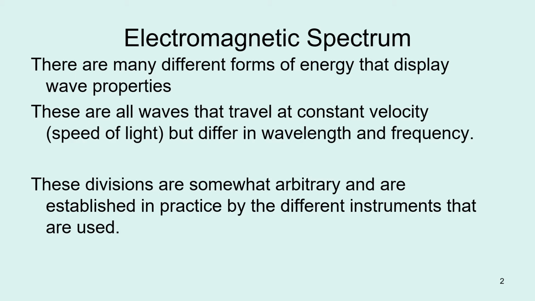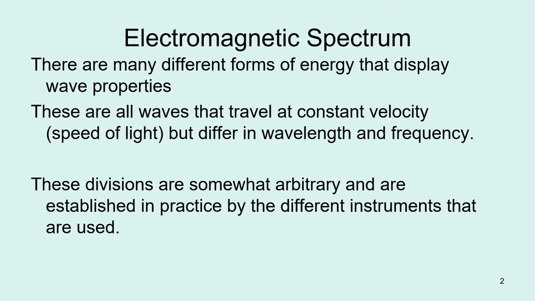You might remember that wavelength and frequency are inversely related. The longer the wave, the lower the frequency. So the bigger the wave, the lower the frequency. These divisions are somewhat arbitrary, so the edges might be a little bit different.